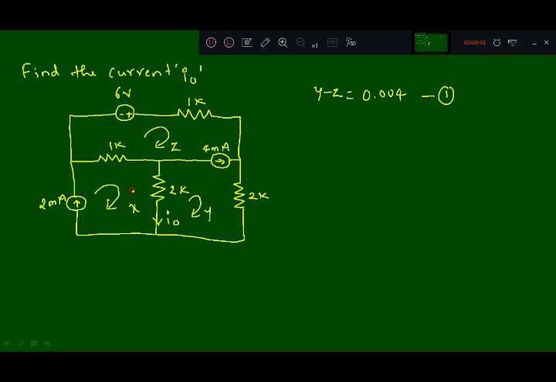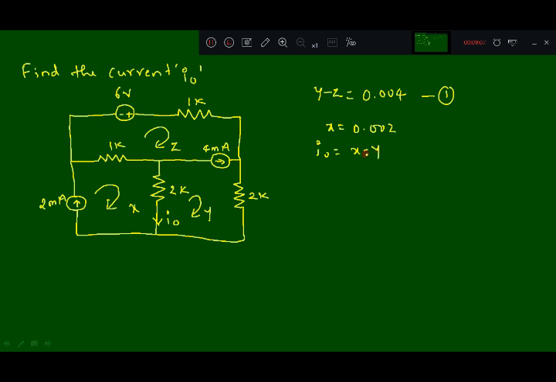Then from the circuit diagram we can see that x is directly 2 milliamps. So x is equal to 0.002. Then what is I0 in the circuit? I0 is equal to x minus y.